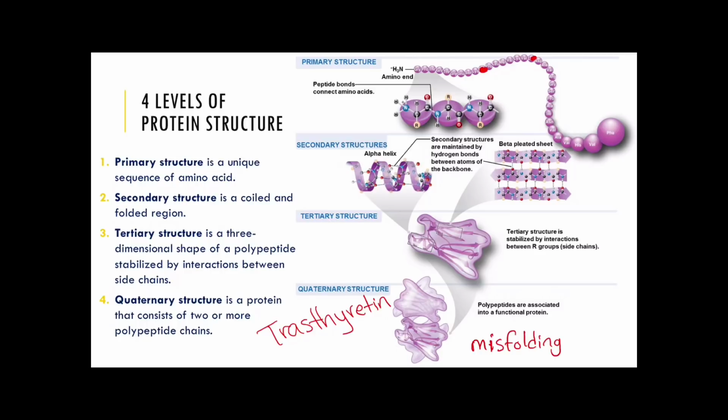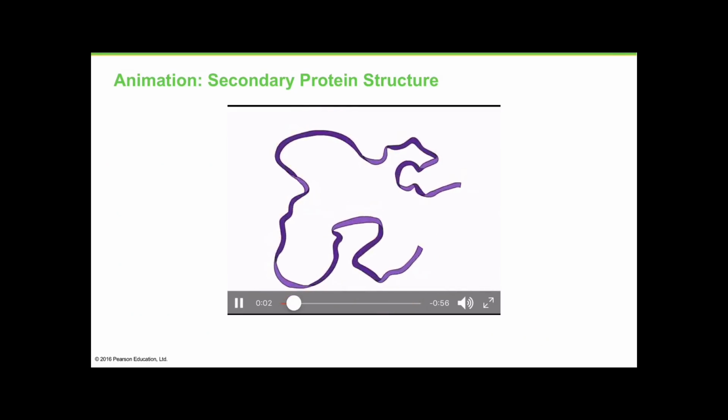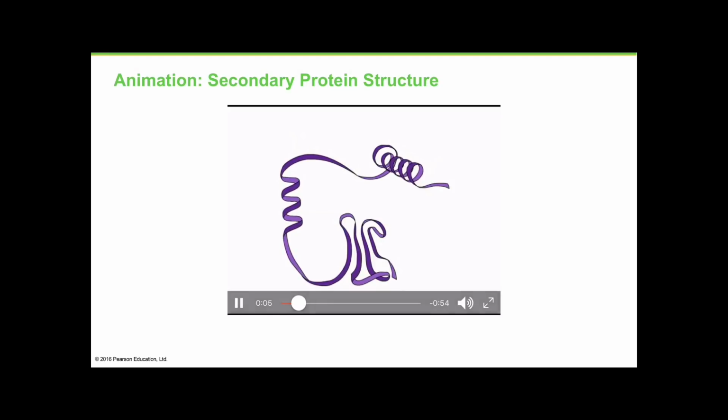So إذا صار في misfolding تتجمع هذه المسفولدد proteins في النيورونز وتسبب أمراض مثل Alzheimer's أو Parkinson disease.